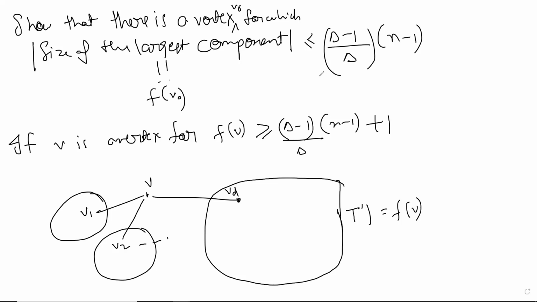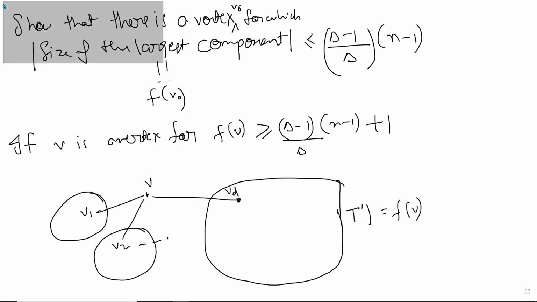If f of v is less than this already, then the problem is over. But if f of v is more than this, then there are many components, and we look at the component for which the maximum size is attained. The size of this component will be less than f of v.